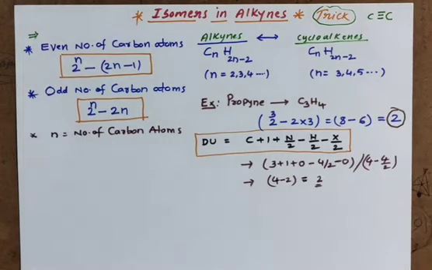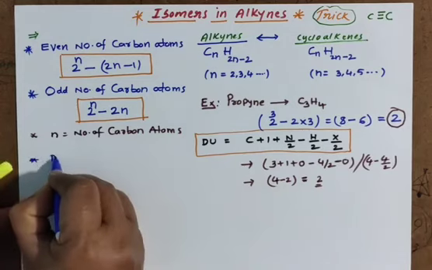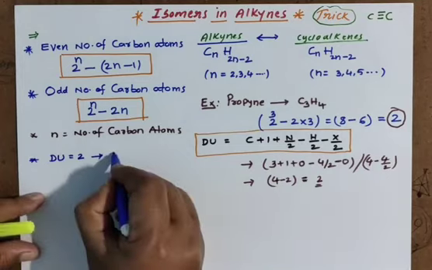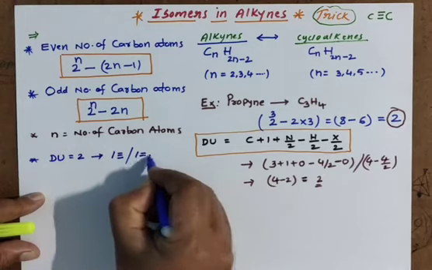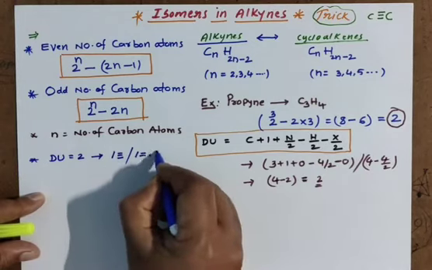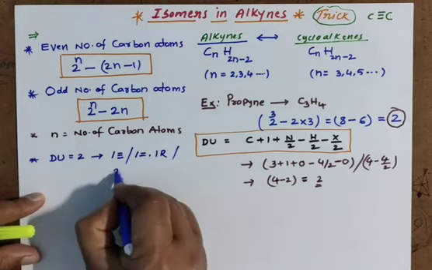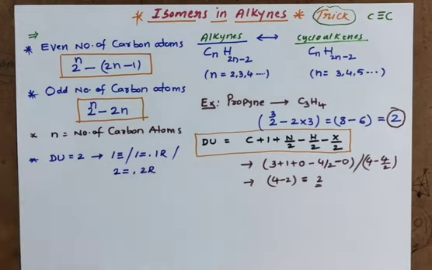If DU is 2, it means one triple bond, or one double bond and one ring, or two double bonds, or two rings. This you have to remember.